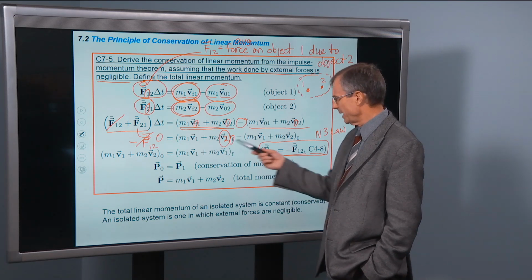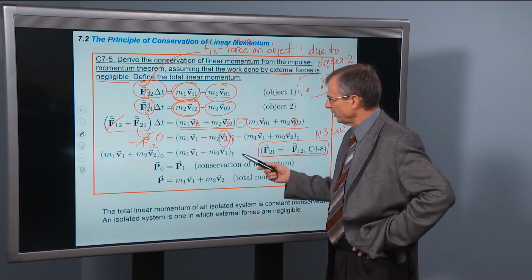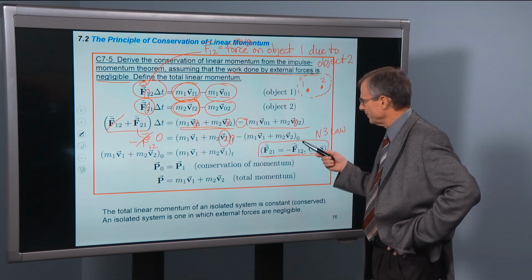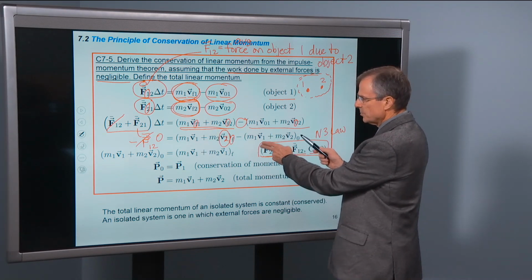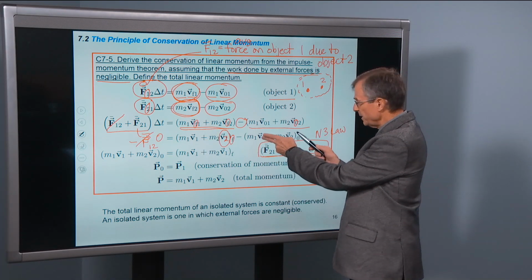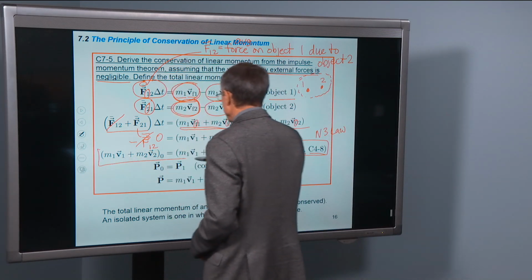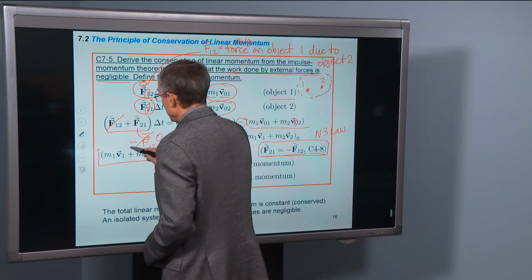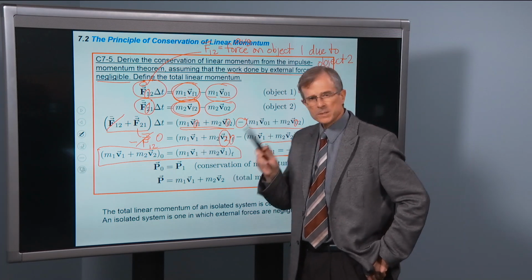And on the right-hand side, I get m1v1 plus m2v2 final minus m1v1 plus m2v2 initial. And since that is equal to 0, I can take this one that's being subtracted and put it over to the left side, and I get this. So this is a statement of conservation of momentum. What does it say?